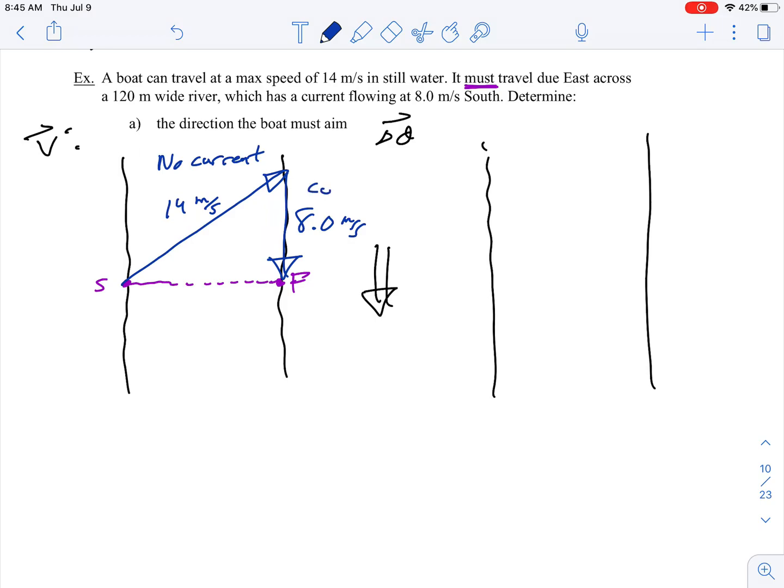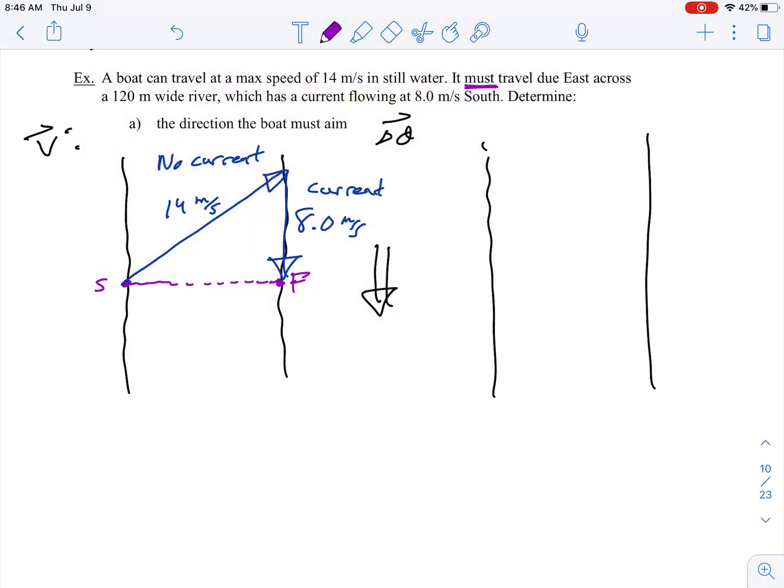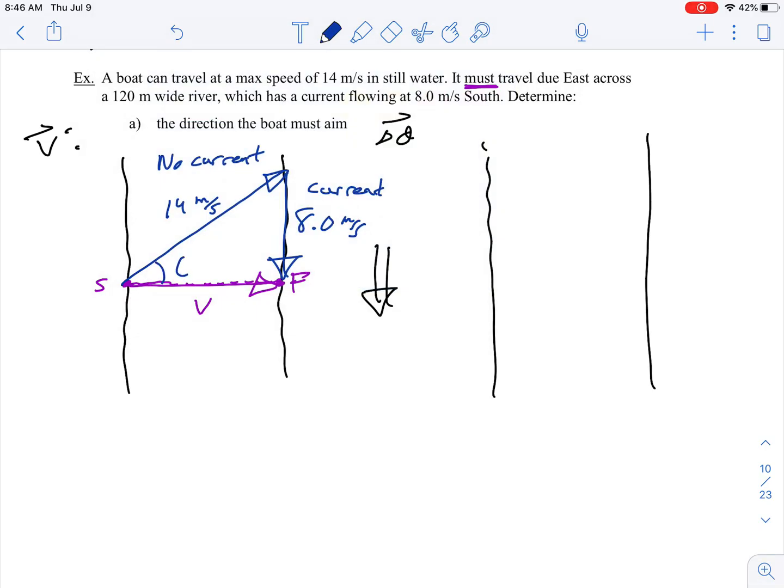That represents the current. So now we've added the current to it. And the resultant, the nice thing is, goes from start to finish, like that. And there's your actual velocity with respect to the ground. And then we can put the angle you aimed in this triangle. There's your angle that you aimed the boat.